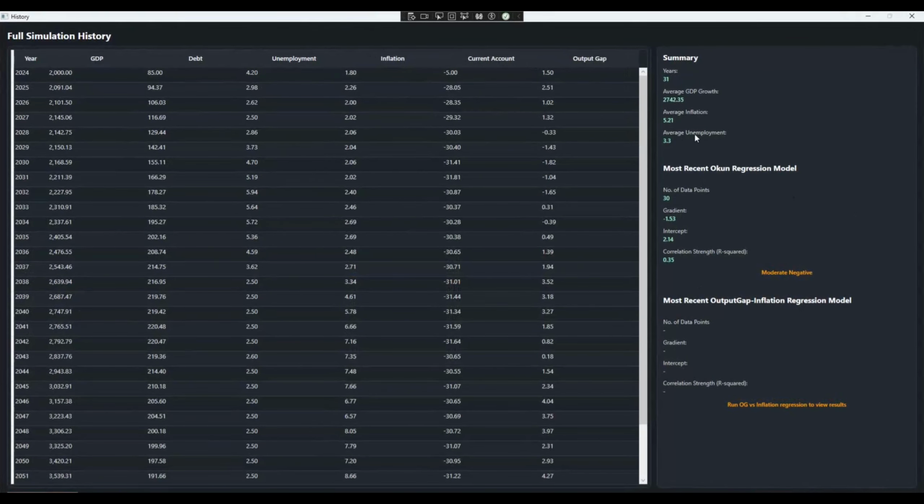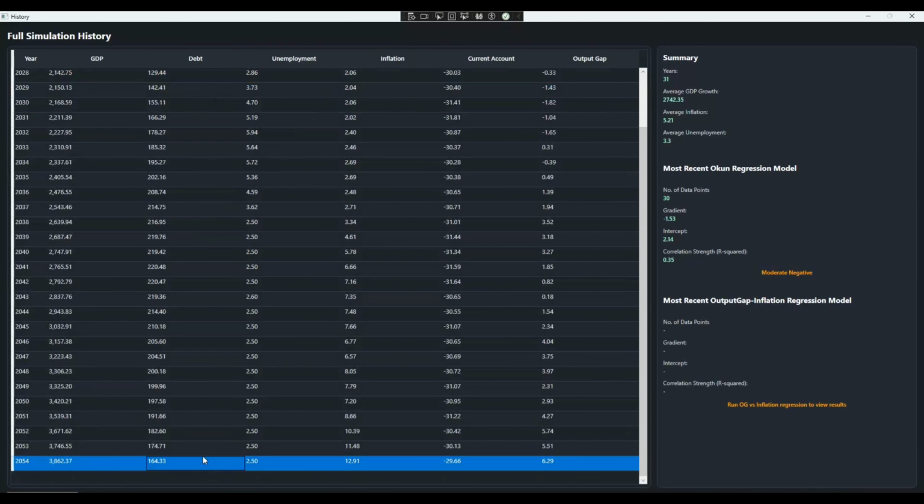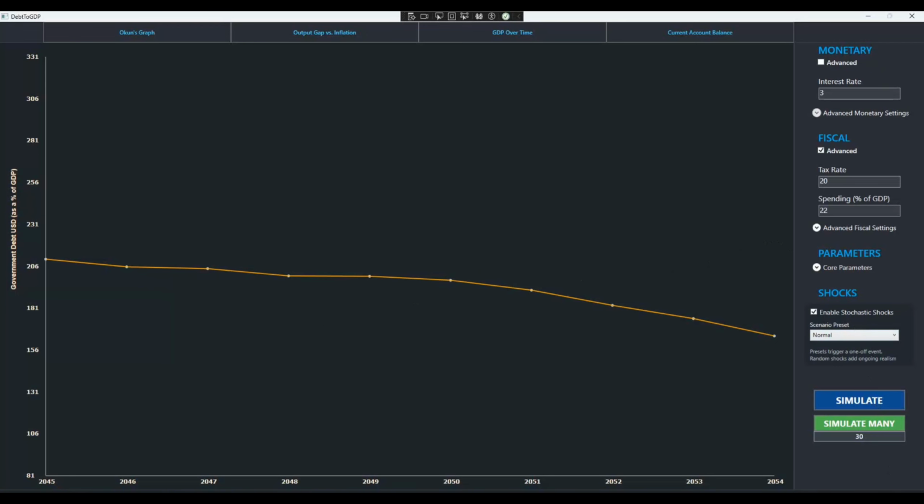Viewing analysis, we can see that debt has increased from 94 to 163, and when we increase debt rule strength, we should see a lower ending value of lower than 160 as policy acts more responsibly to reduce debt.